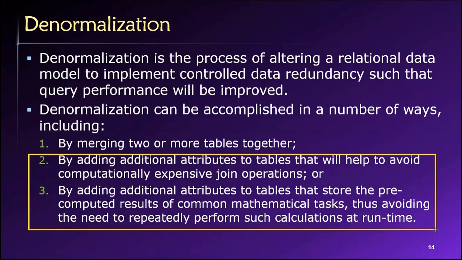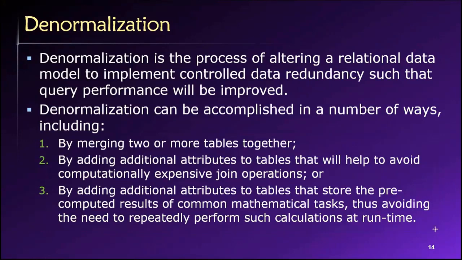We can add additional attributes to existing tables that will allow us to avoid a join operation, or that will allow us to avoid having to perform some kind of mathematical task at runtime, like a sum or a count or an average or a minimum or a maximum. We don't need to do that if we have some extra attribute that stores the pre-computed answer to that mathematical task.